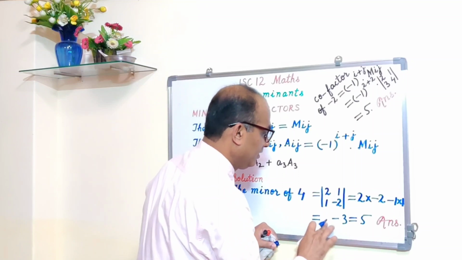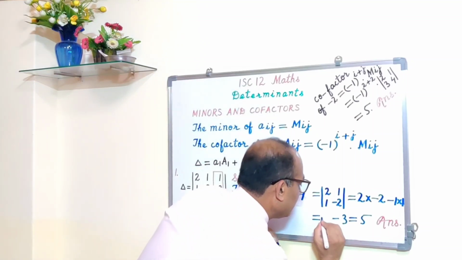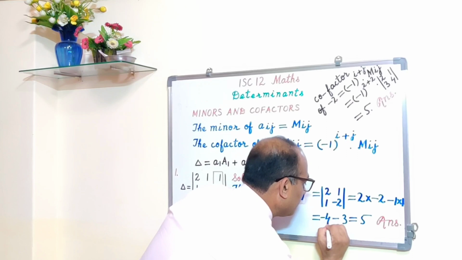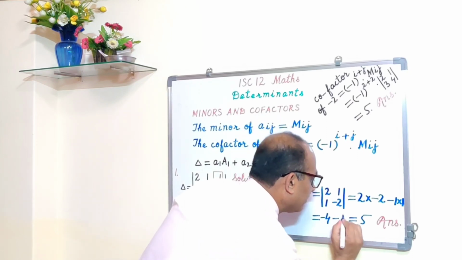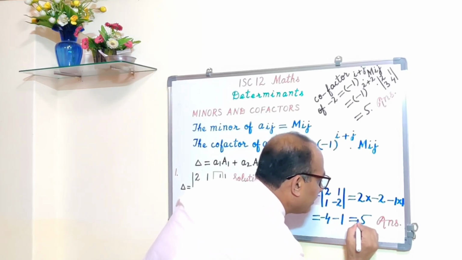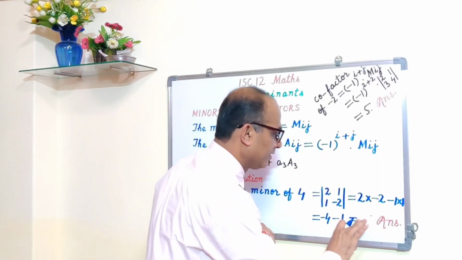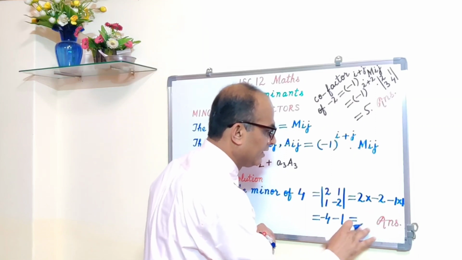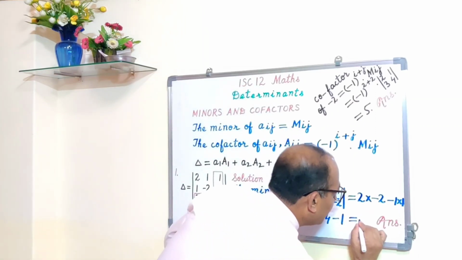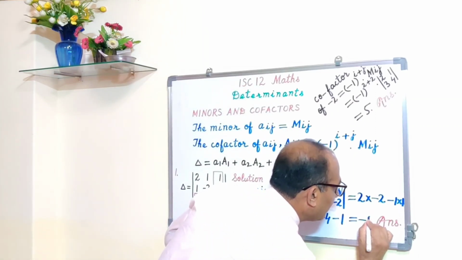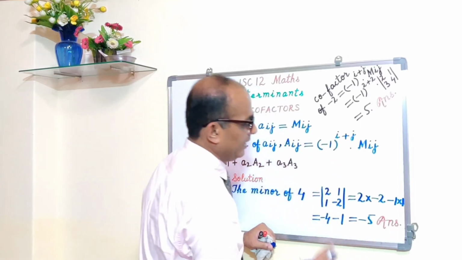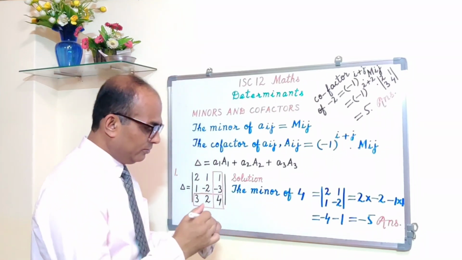So we get minus 5. So the minor of 4 is minus 5.